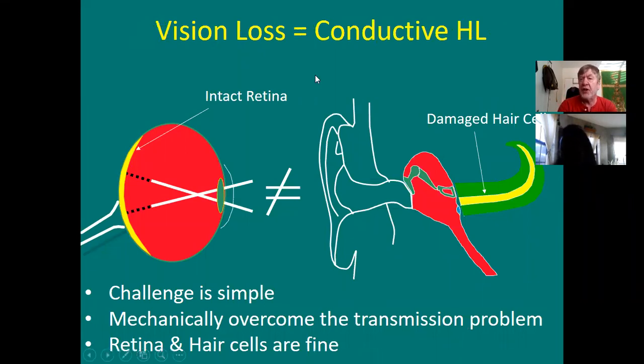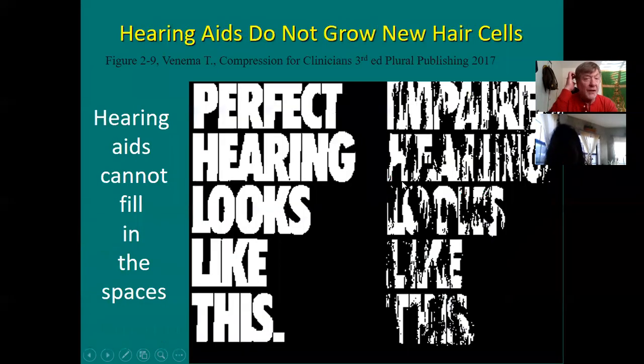So vision loss is like conductive loss. Okay, the challenge is simple, it says here. Simply mechanically overcome the transmission problem because the retina and hair cells would be fine. Okay, and that's with conductive loss. The problem is here. So hearing aids don't grow new hair cells.